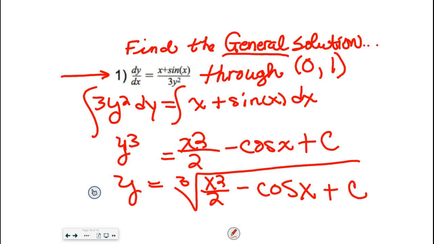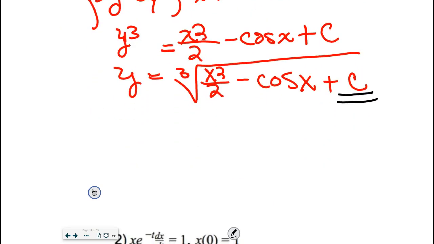Okay, so go ahead and write through 0, 1. Here's now what happens. This plus c is an infinite number of curves, and we talked about that yesterday, whose derivative would be this. I want the one that sails through 0, 1.